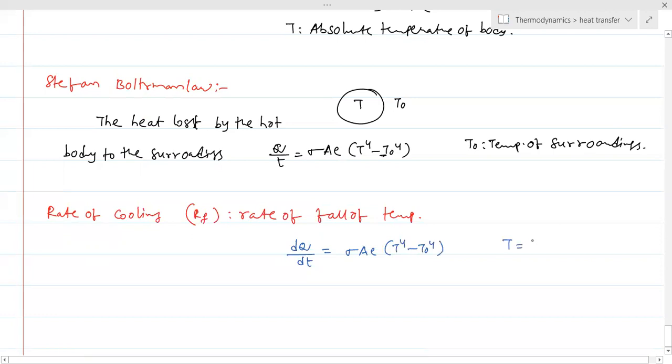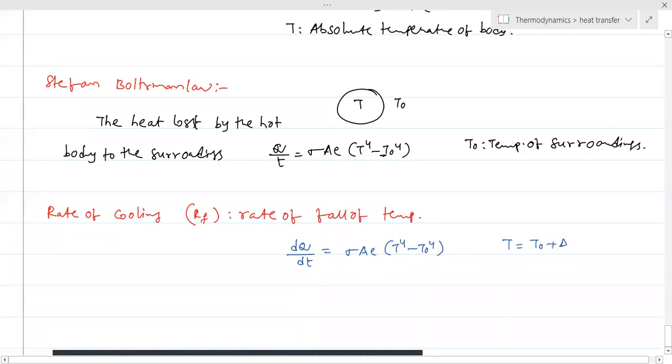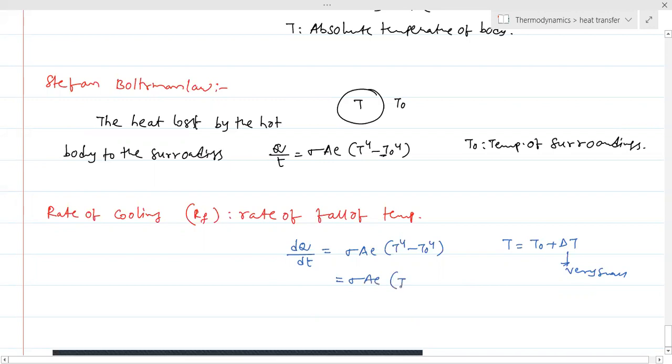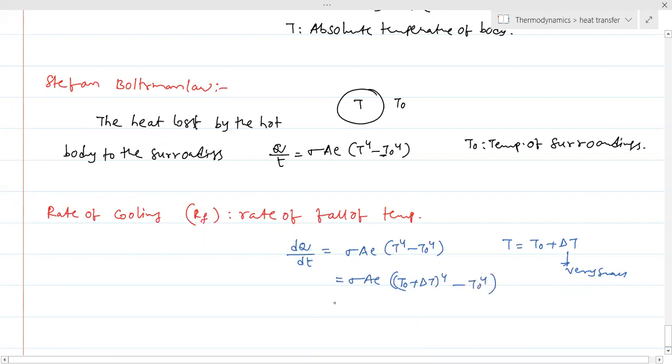We take T as T naught plus delta T, where delta T is a very small temperature difference. Substituting, we get sigma A into (T naught plus delta T) whole power 4 minus T naught power 4.